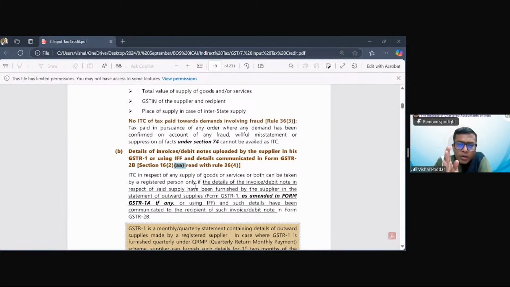So 3B, which is your final return, in which there was a time when we were punching in the purchase, that is the ITC details, by hand. Today we are not punching. 3B is now getting auto-populated. How? See, 3B is my final return, which shows my output, input, and the difference, and shows me the final tax payable. This entire detail is getting auto-populated in my 3B on the basis of my two returns.